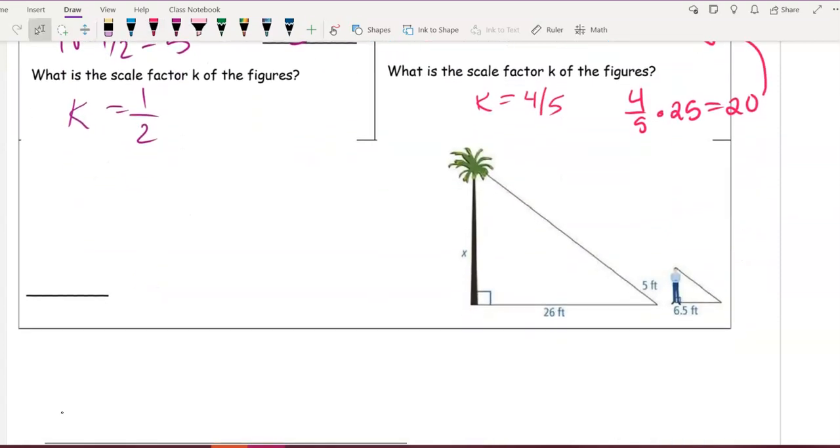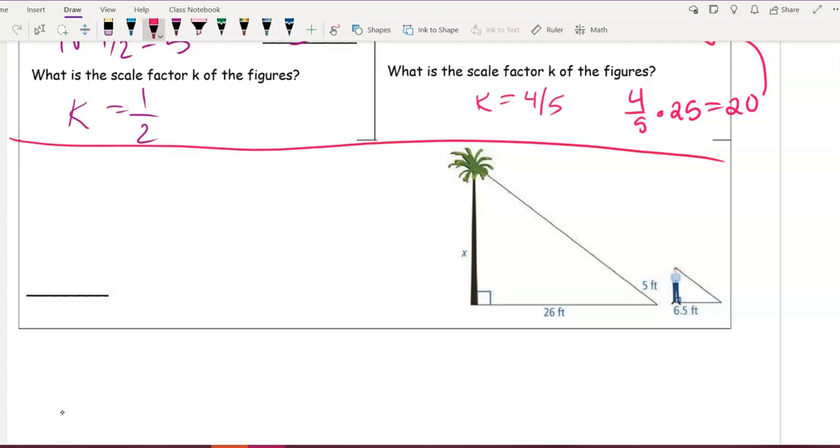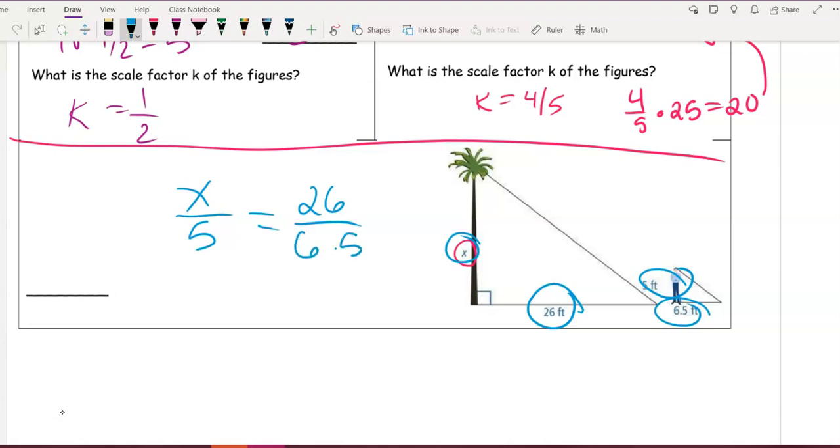All right, moving down. Sorry for the formatting, it's a little messed up. This problem on your paper says, what is the height of the flagpole? Just kidding. Find the height of the tree. Here's our tree. We're looking for the height of the tree. We're going to create a ratio: x over its corresponding side, 5, equals 26 over its corresponding side, 6.5.